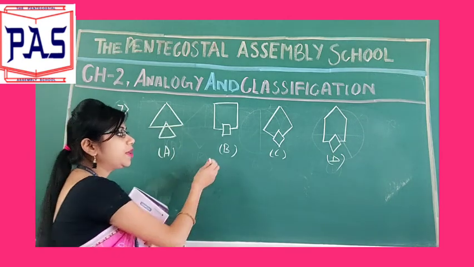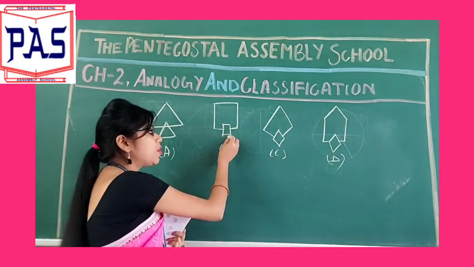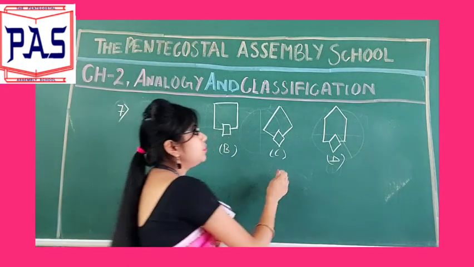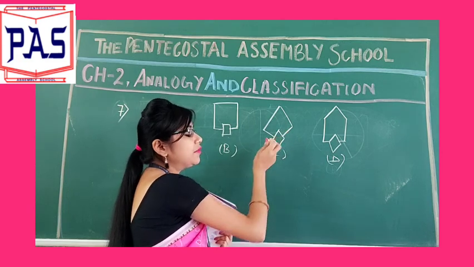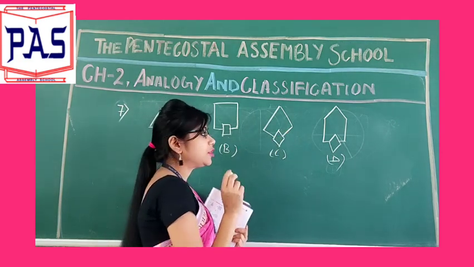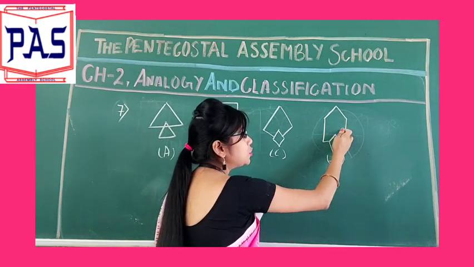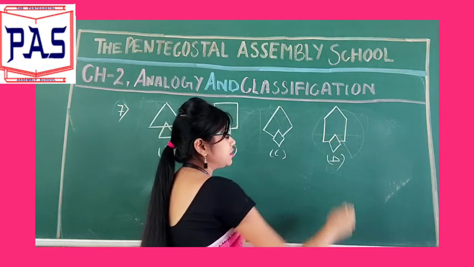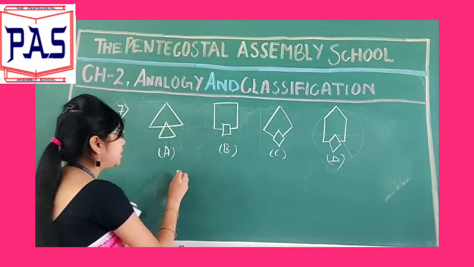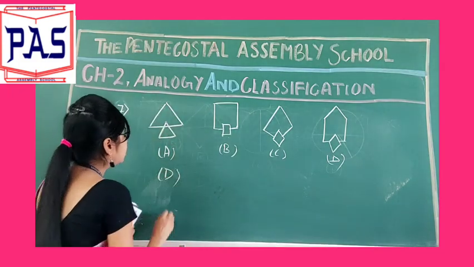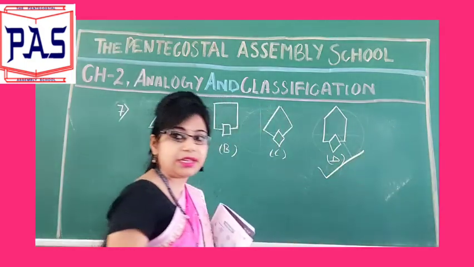In option B, there is a square which is attached with a small square. Again, in option C, there is a rhombus which is also attached with a small rhombus. But in option D, there are 2 different figures attached with each other. So which one is odd? Option D is odd. So the answer for question number 7 is option D.